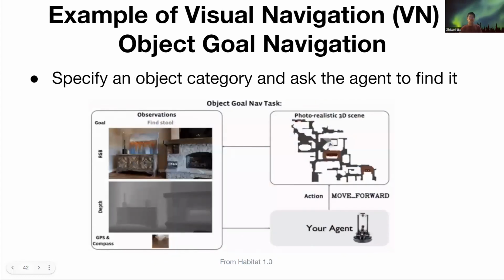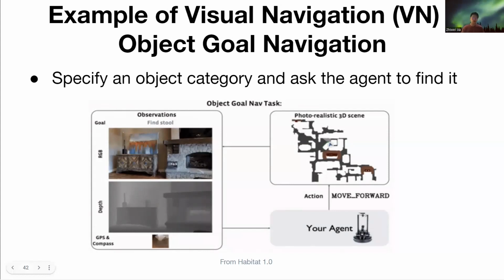The second example is visual navigation, which is one of the first tasks available in embodied AI research. The example here is Object Goal Navigation from AI Habitat 1.0. The task essentially gives you a target object category and asks the agent to navigate in the scene, potentially memorizing the room structure, to find an instance of such category.